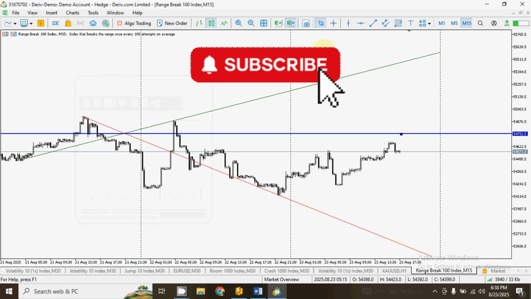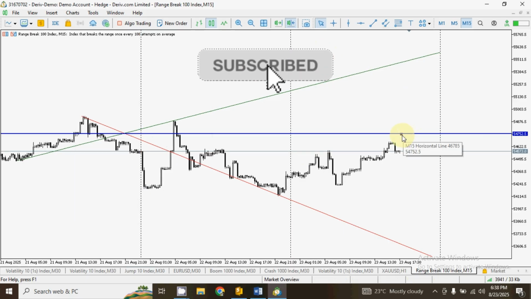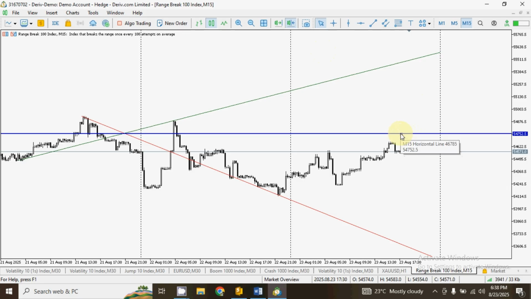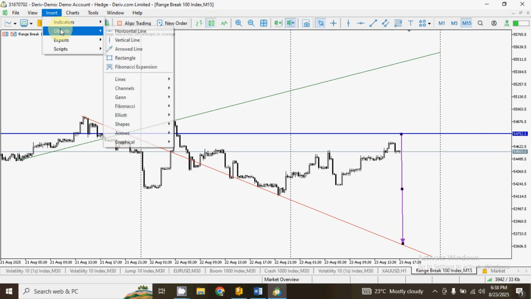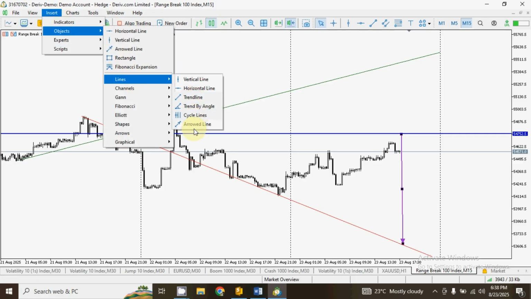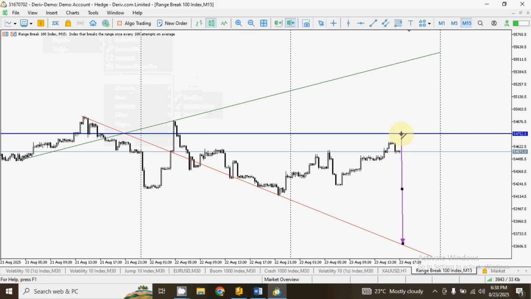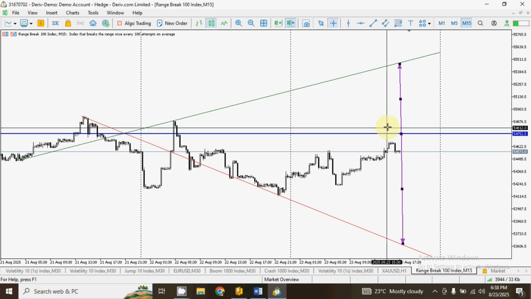The next thing we are going to check is the number of points from this horizontal line downwards, and also the number of points from this horizontal line upwards. You can use the crossbar tool to check it.